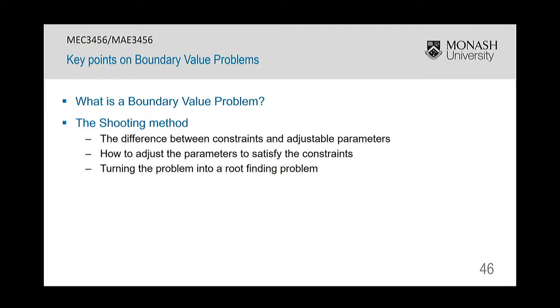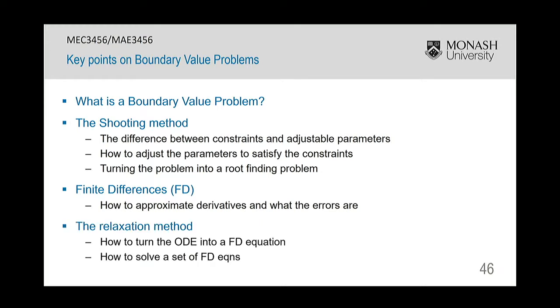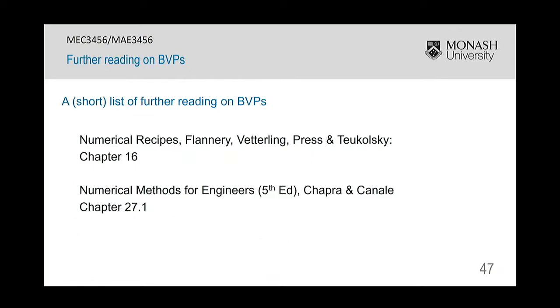You will need to be able to do this. We've also looked at finite differences and how to approximate derivatives, and then the relaxation method, how to turn the ODE into a finite difference equation, and then how to solve this set of finite difference equations. And here is a little bit further reading on boundary value problems.